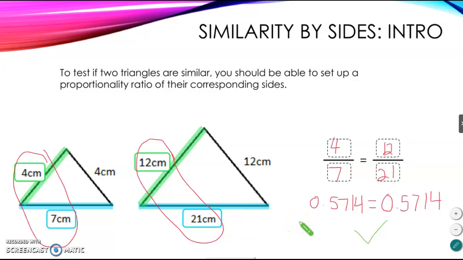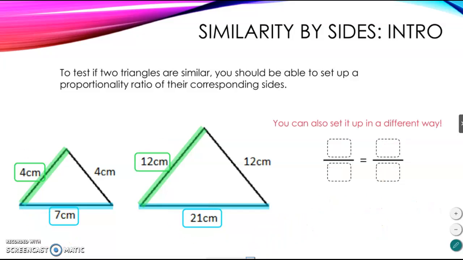And there's actually many other ways that we can set up proportions to prove that these triangles are similar to each other. An easier way to have done it is if I took the large green side and divided that by the smaller green side. So if I did 12 over 4, that also should be equal to the large blue side over the small blue side.